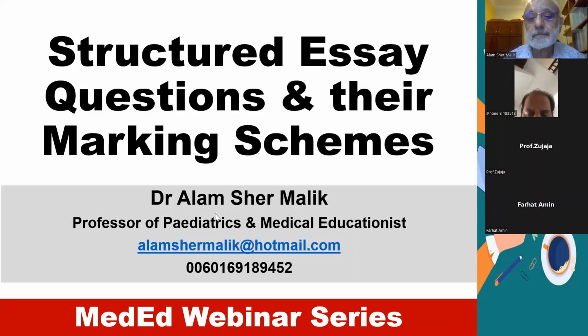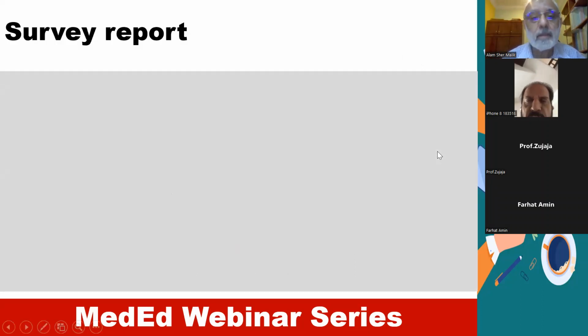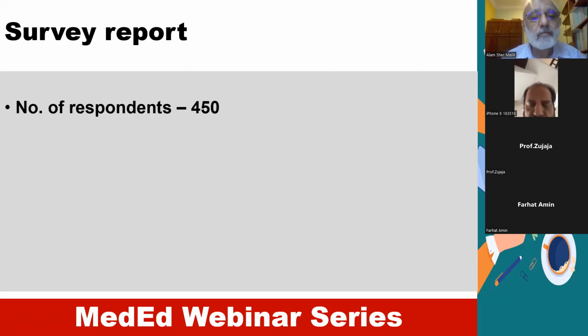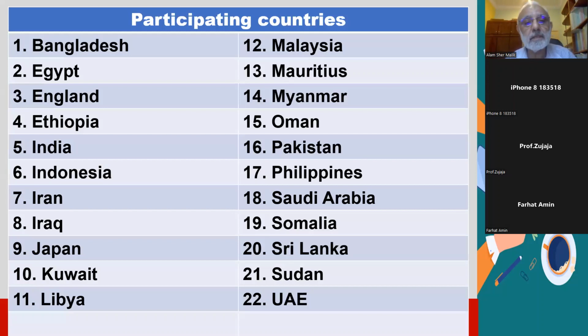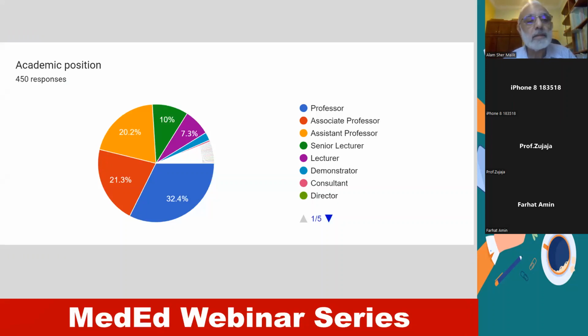First, we got 450 respondents from 22 countries, and this is the list of the countries we got responses from. The names are written in alphabetical order, and these are the academic positions of the respondents.